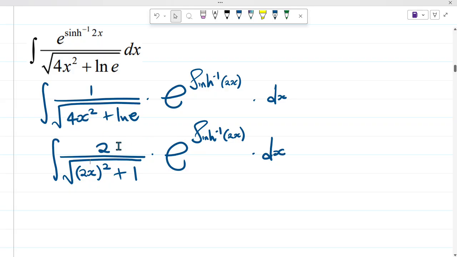So now that I've written my 2, I must cancel it out because it's not allowed to just write something there. So let's cancel out that 2 by writing 1 over 2 outside the integral. So that 2 and 2 cancel out, and then you still have the same question that you were dealing with.